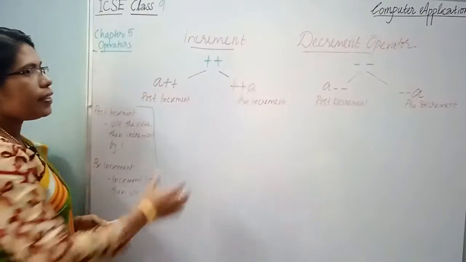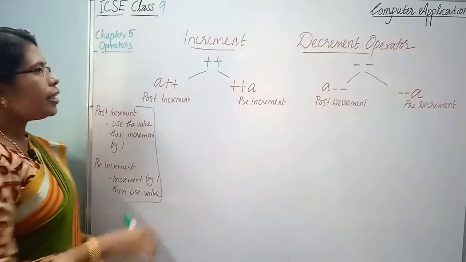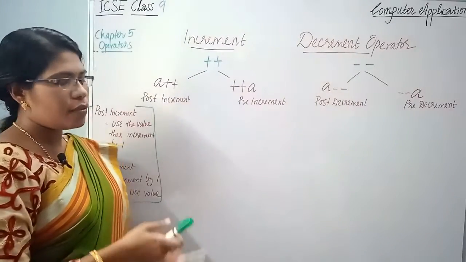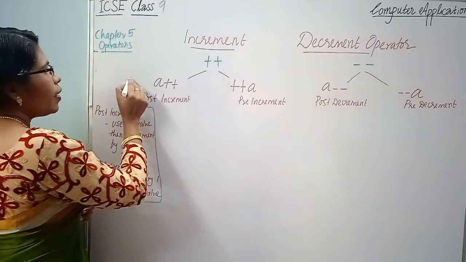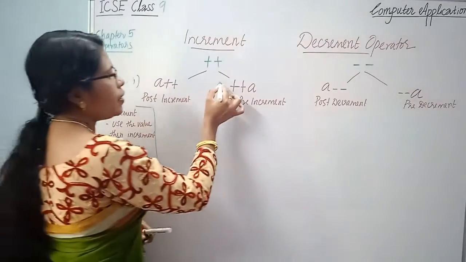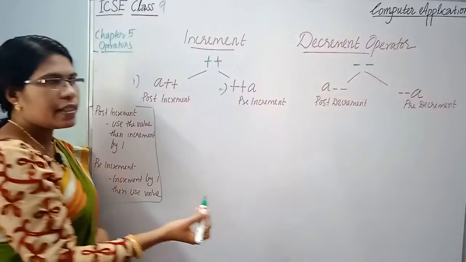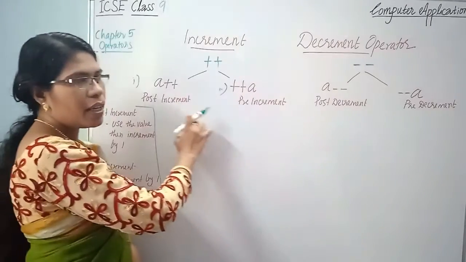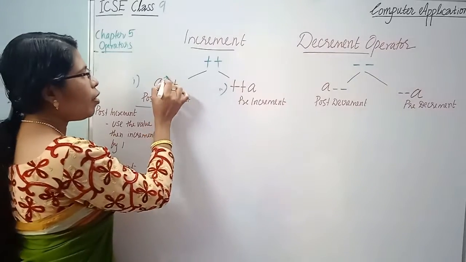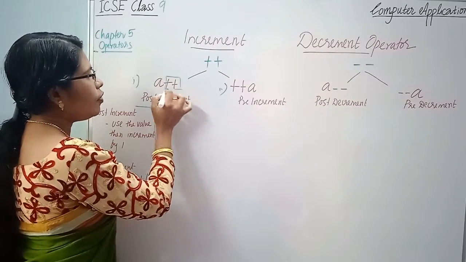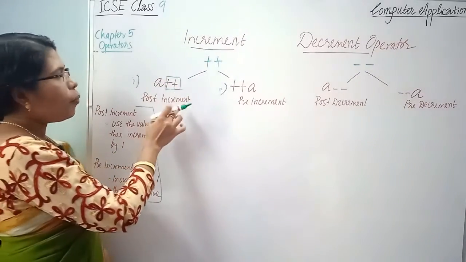Increment is always indicated by the plus operator, and it can be in two versions. One is a plus plus. In the second way, we can write it as plus plus a. That is the post increment and pre increment. Post increment means the increment operator will be after the operand.